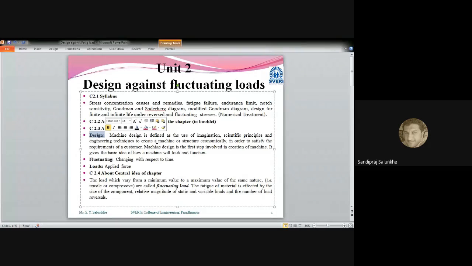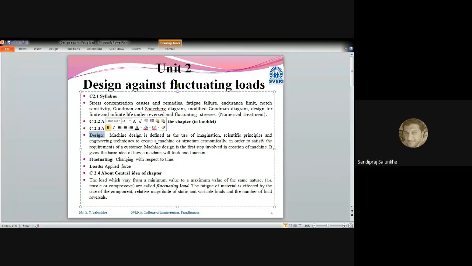All these things are involved in design. But we are concentrating mainly on finding the dimensions of any component, and that we are going to say is design. I have already given the meaning of design in the first chapter, where we saw what design is and its procedure.